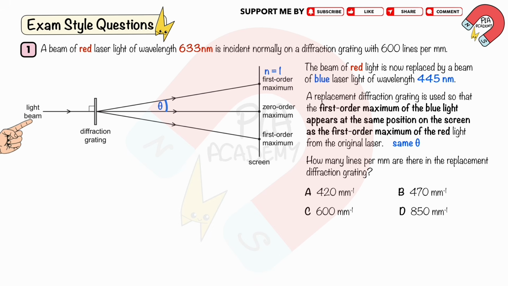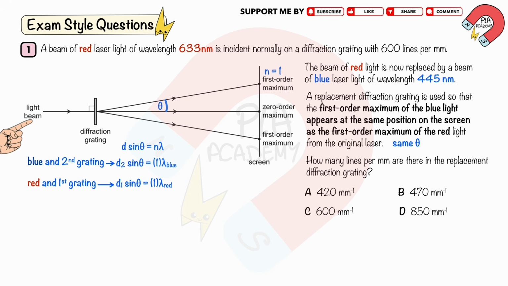Using the equation d sin theta equals n lambda. For the blue light and the replacement grating, we have d2 sin theta equals 1 times blue lambda. For the red light and the original grating, we have d1 sin theta equals 1 times red lambda. Dividing the first equation by the second equation, we get d2 sin theta over d1 sin theta equals blue lambda over red lambda.